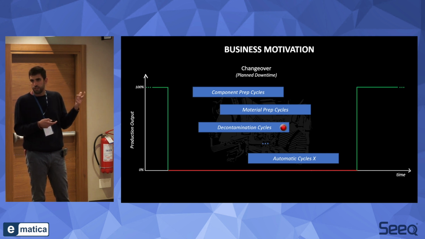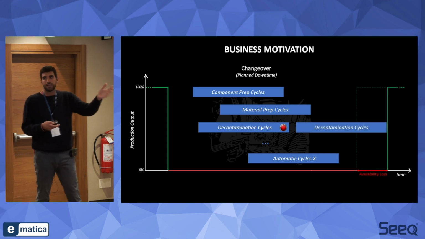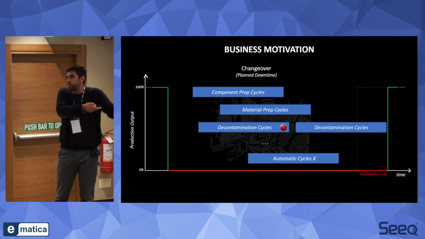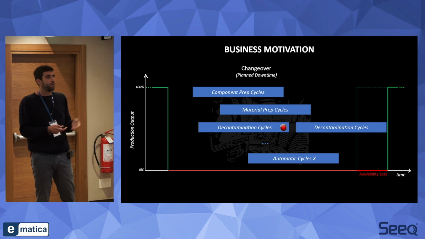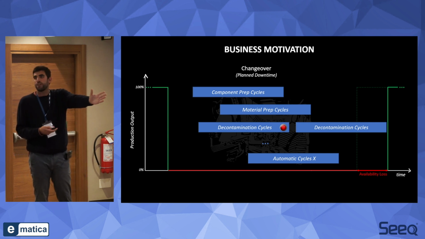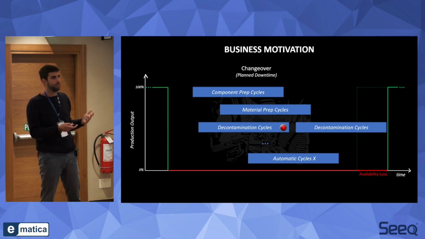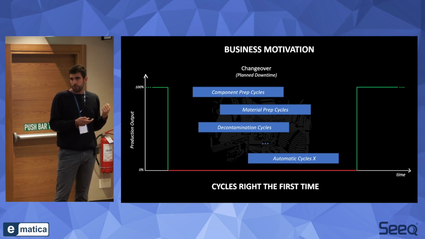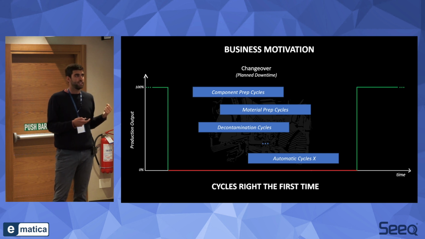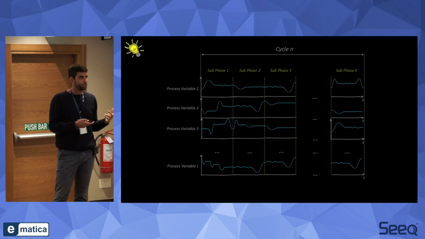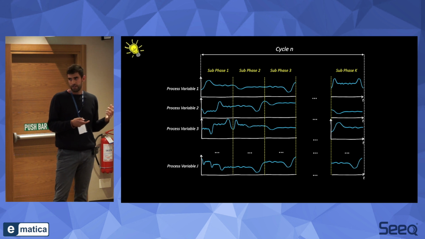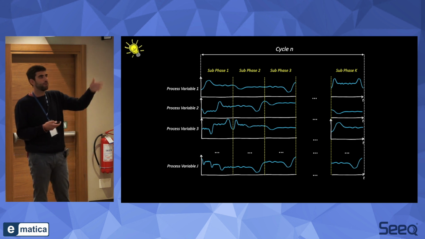Now, if decontamination has issues, you need to repeat the cycle a number of times depending on the contamination. So this represents downtime, extra downtime, compared to what we calculated. Our goal is to give engineers the possibility to be faster in this detection.